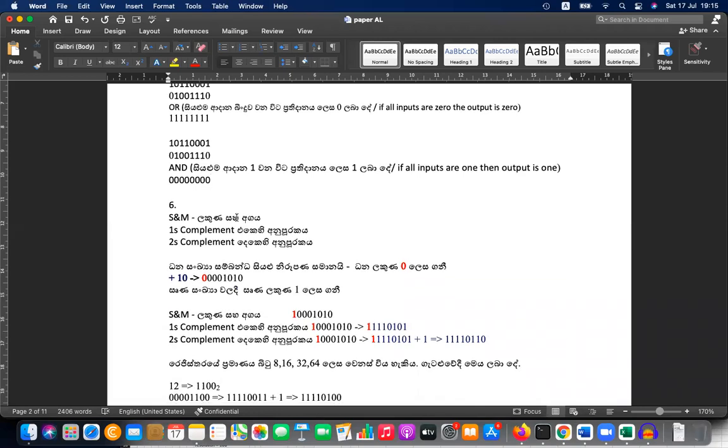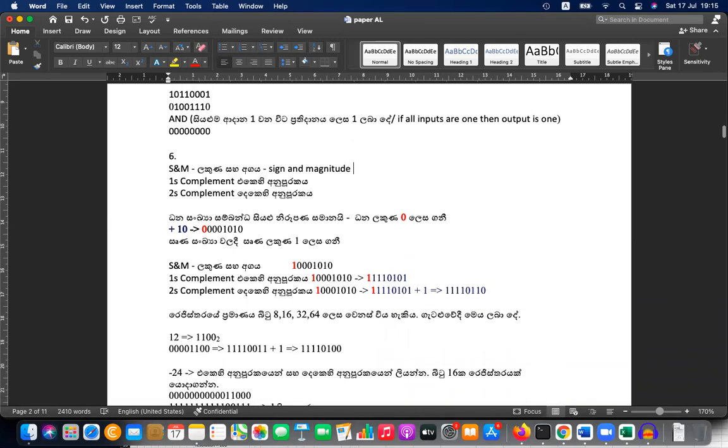There are actually 3 methods of representing numbers. The first method is called sign and magnitude. In the sign and magnitude method of representing a number, you just change the sign and keep the magnitude as it is. That means plus 10 is 0 for the sign and 10 is 1010 once converted.